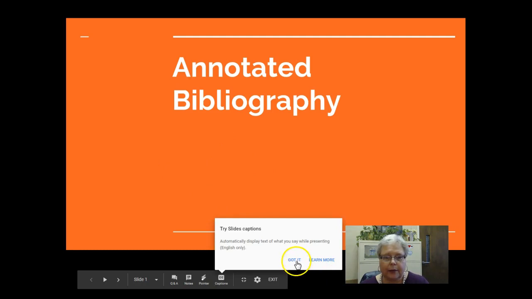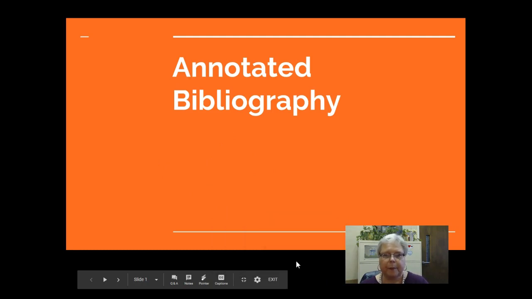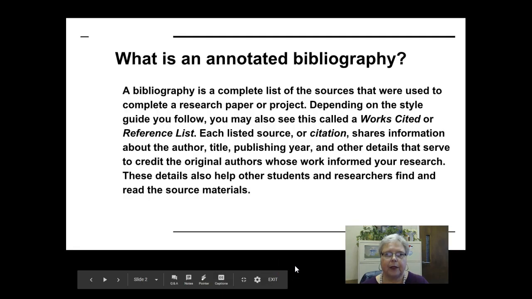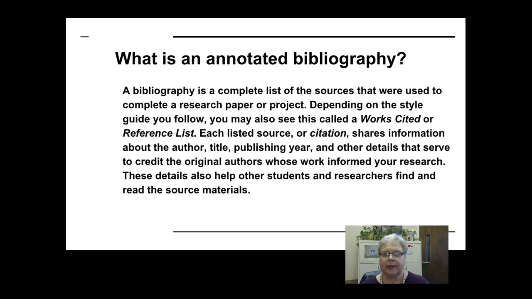All right, so for the annotated bibliography, you want to know what is it anyway. So it's a complete list of the sources that were used to complete a research paper or project. In your case, it's going to be the sources that you used for Project 4, which was your persuasive problem solution essay.